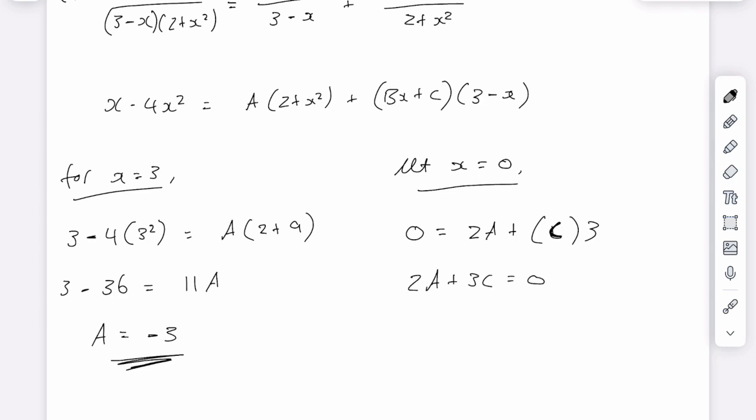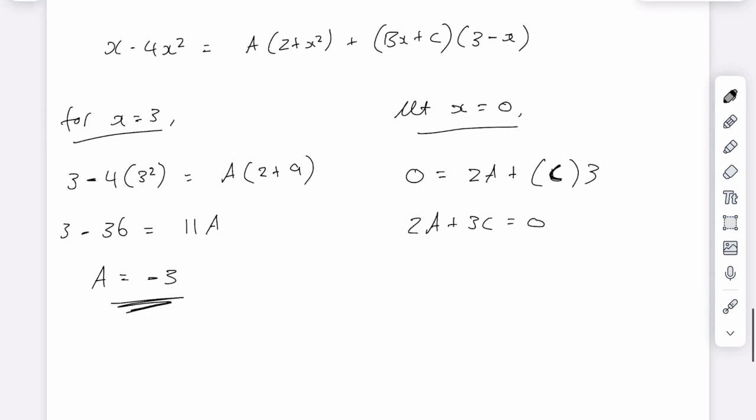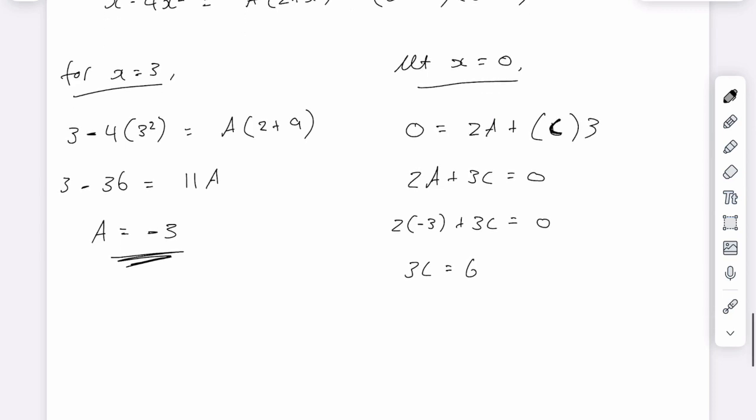Now, remember that a equals negative 3, so therefore we've got 2 times negative 3 plus 3c is equal to 0. So 3c is going to equal 6. Therefore c is going to equal 2. Perfect.